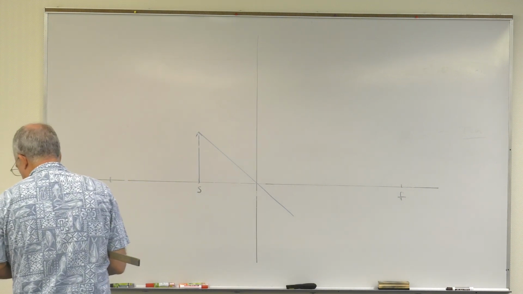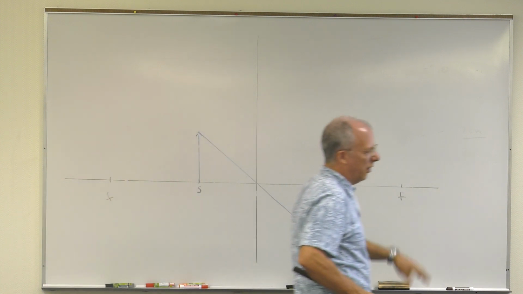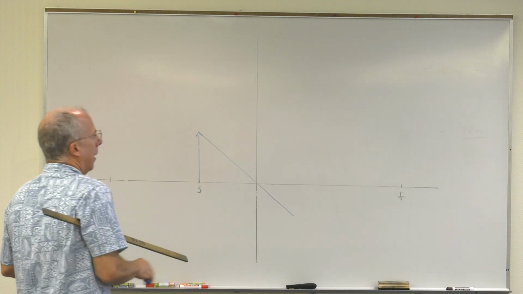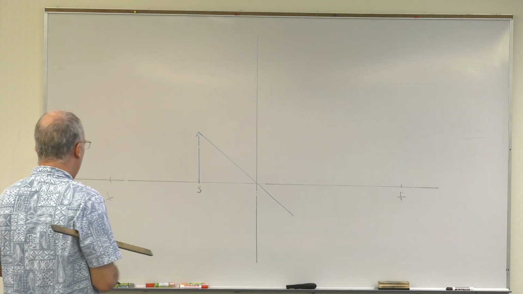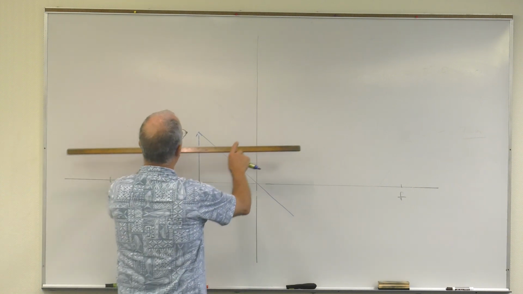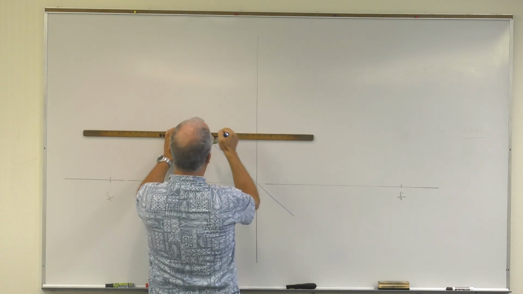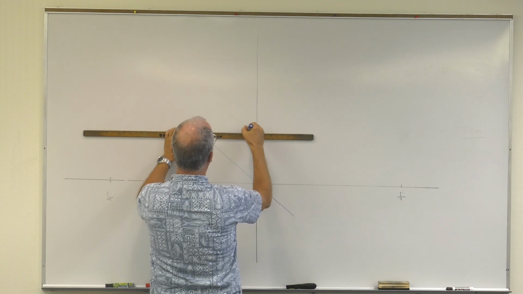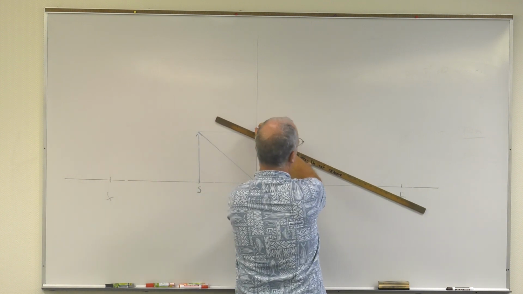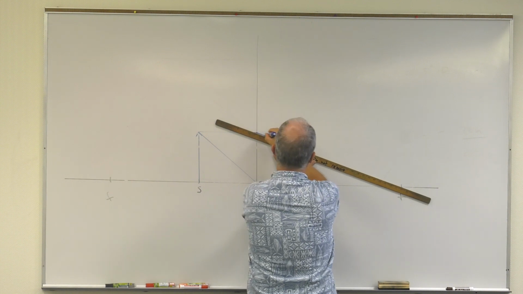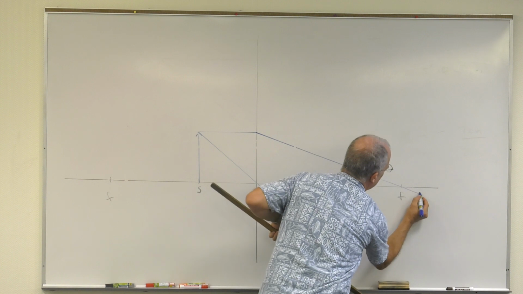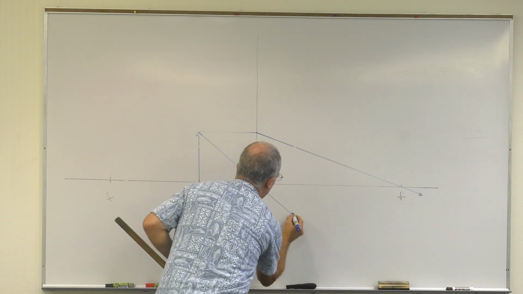Okay, now what we want to do is, it's our choice, right? Let's do 1. So parallel in, focal out, right? Parallel in, focal out. Okay, no problem. Just like before, it's nothing new. Okay, so there's an outgoing, and there's an outgoing.